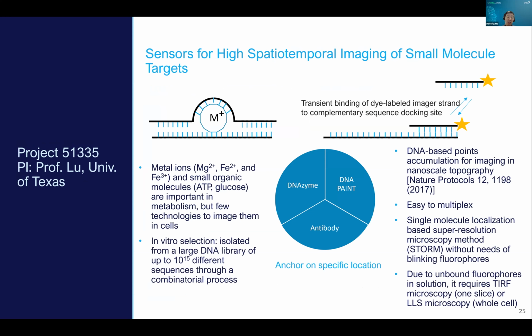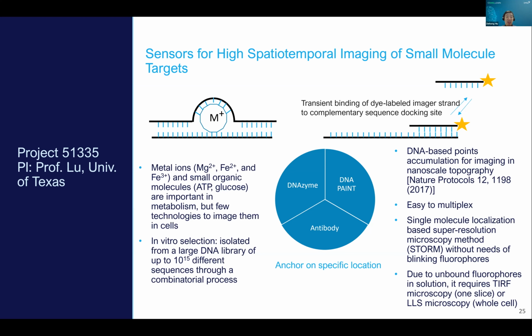Here is the second project. This one is from Professor Lu, University of Texas. He is interested in developing sensors for small molecules. We know many small molecules, like metal ions such as magnesium, and organic molecules like ATP and glucose, are very important in cell metabolism.